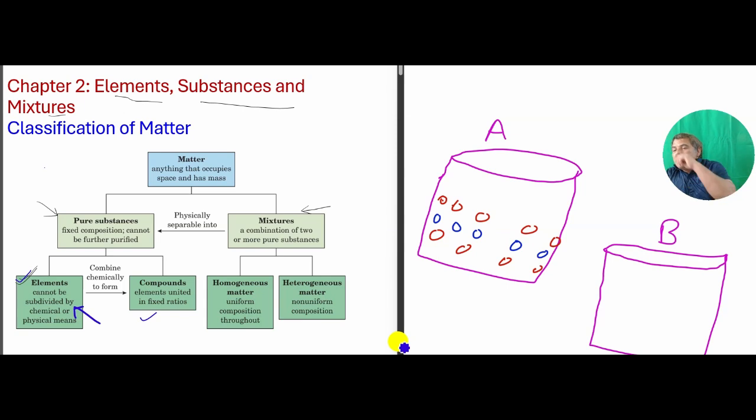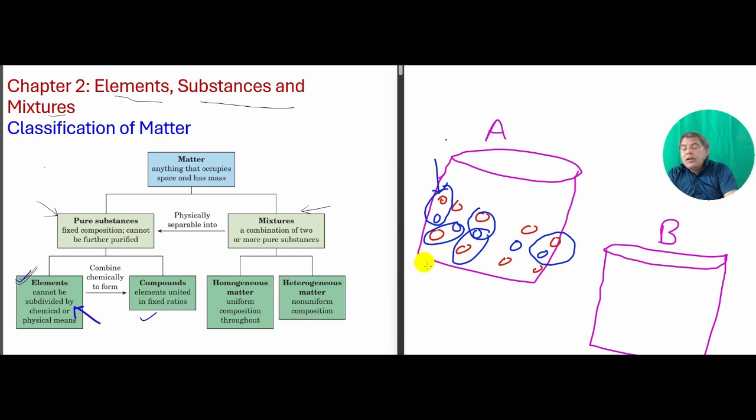See, this is the mixture, and you are doing the measurement in different parts. In this corner, for example, you take some sample and you get one red and one blue, and at this corner also you get one red and one blue. Anywhere you pick from, it doesn't matter.